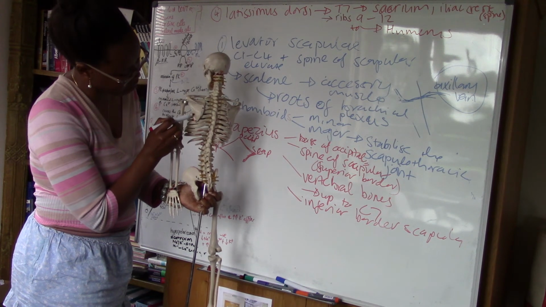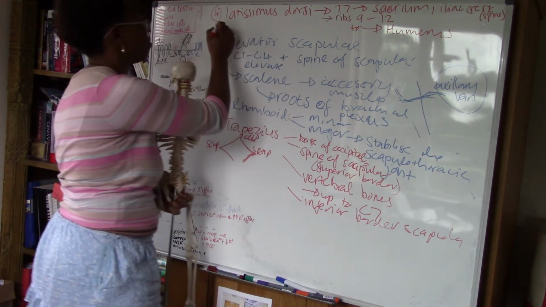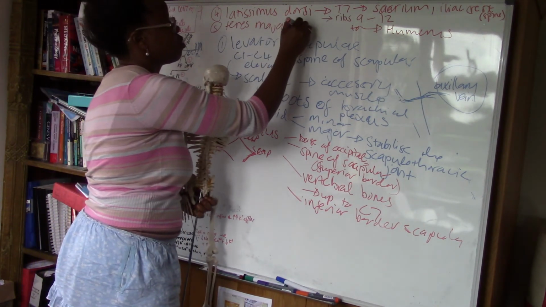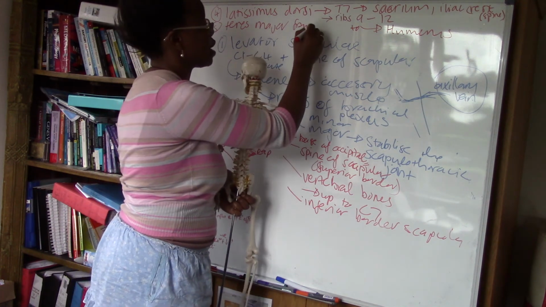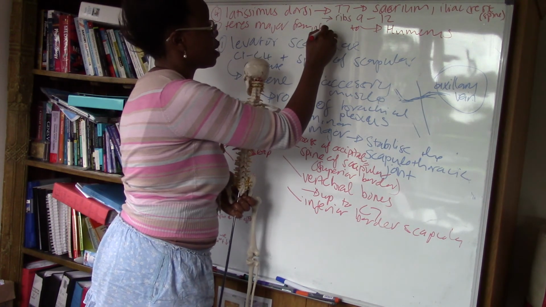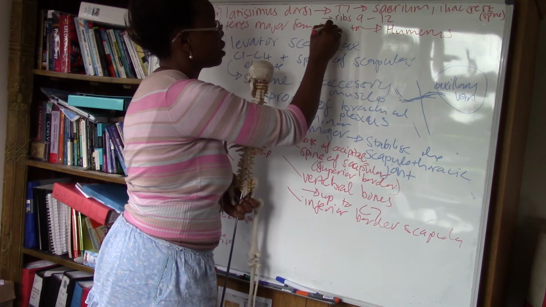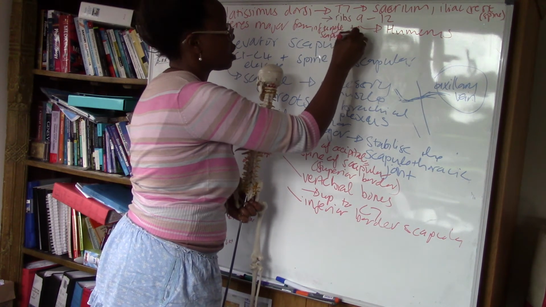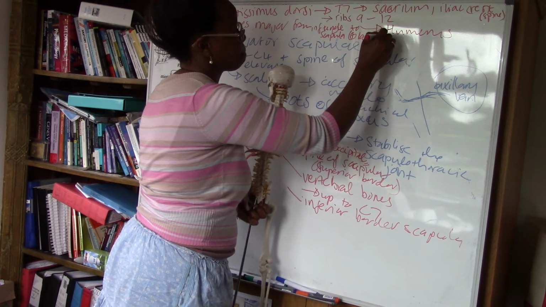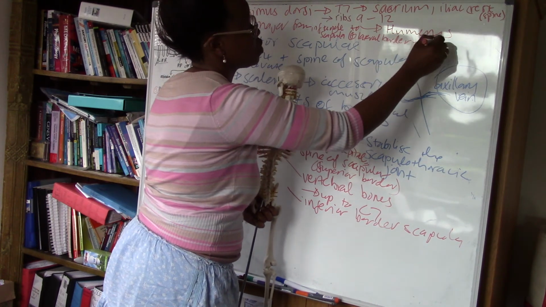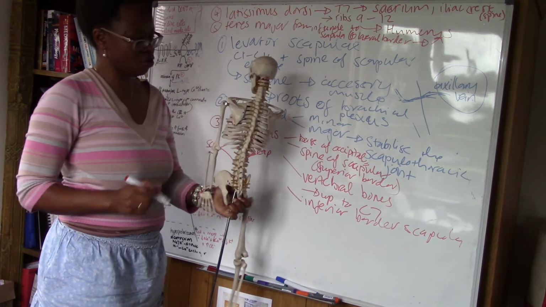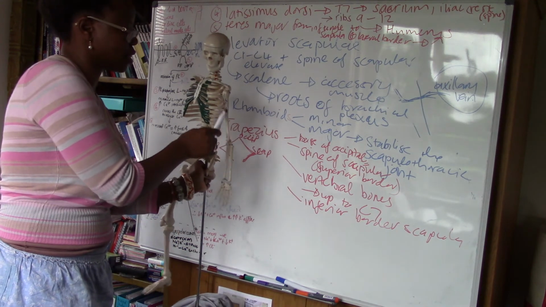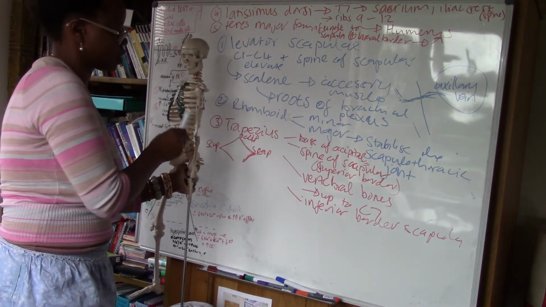So teres major arises, I don't know if I mentioned it before, from the inferior angle of scapula and lateral border of scapula to the shaft of the humerus again. Teres minor as well will attach there together with latissimus dorsi.